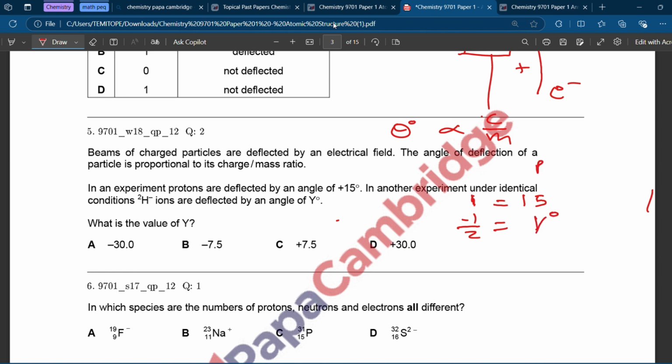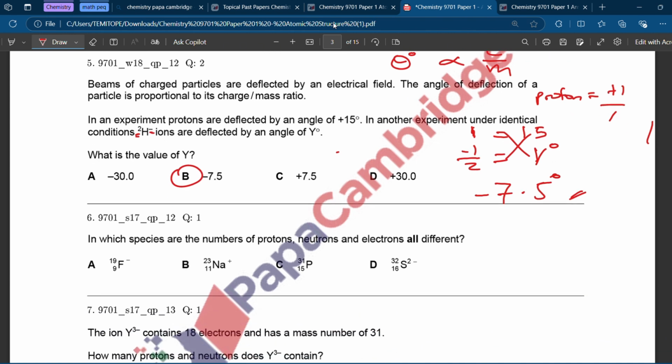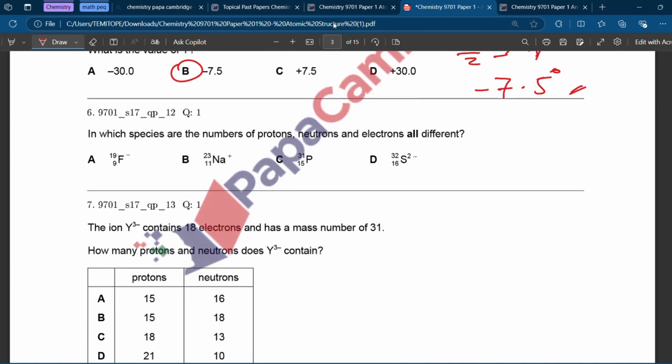But now the charge to mass of hydrogen here, the charge is -1 all over its mass, which is 2, will give us a deflection of y. For a negative hydrogen atom, it will be -1/2 because the charge is negative and the mass is 2. So when you cross multiply these two, you get -7.5 degrees. So the answer for number 5 is B.